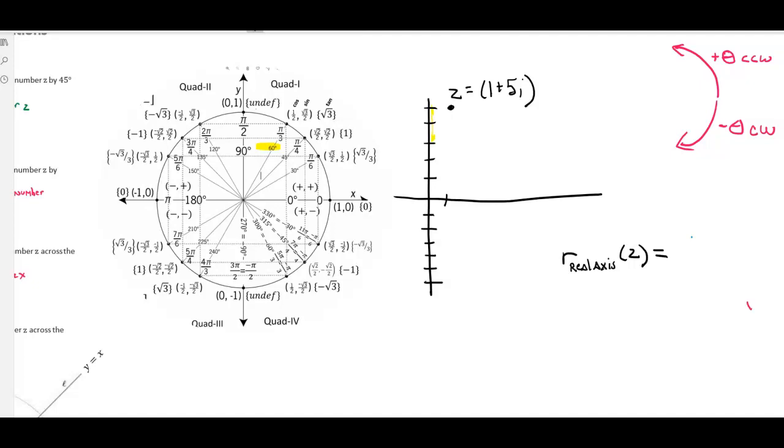Okay, so what this means, guys, so I need everyone's eyes up front so you understand this notation because you're going to see it again today. This means take this point and flip it over the real axis. This is the real axis.